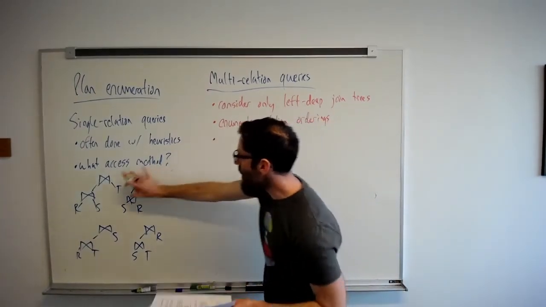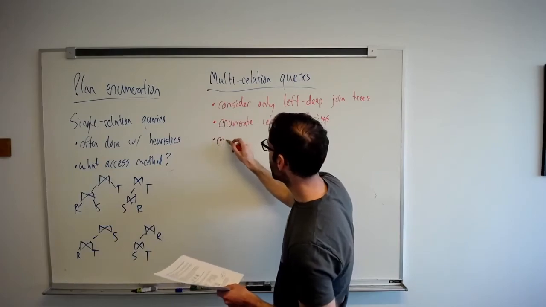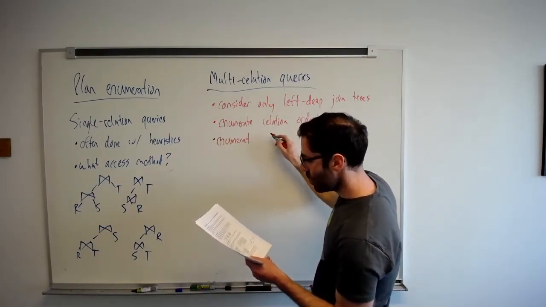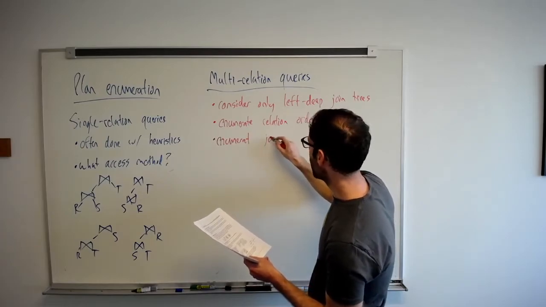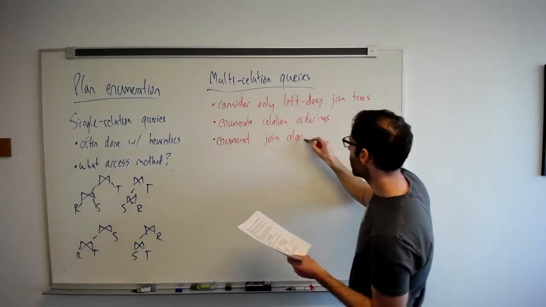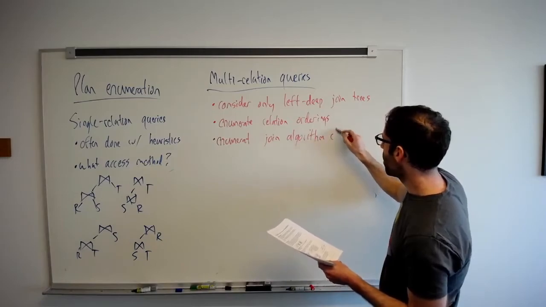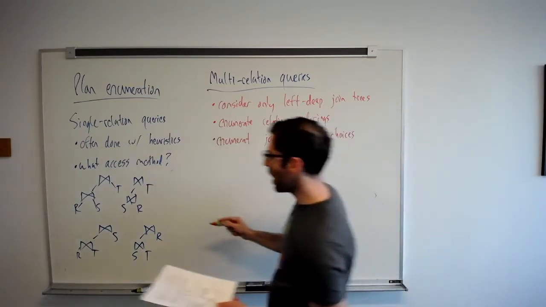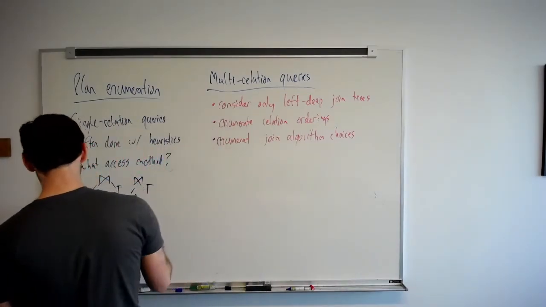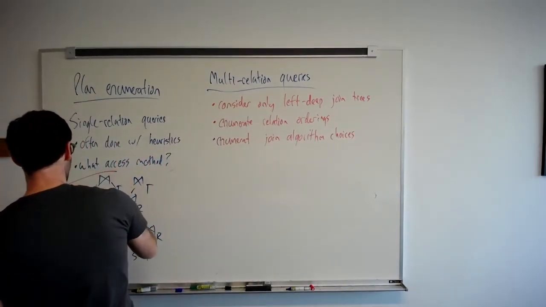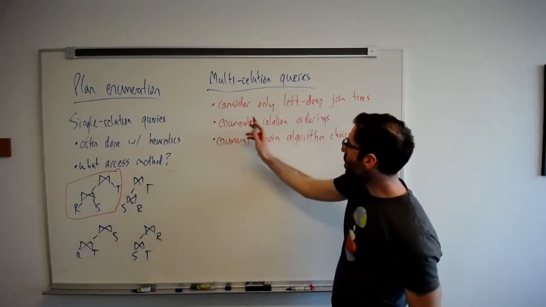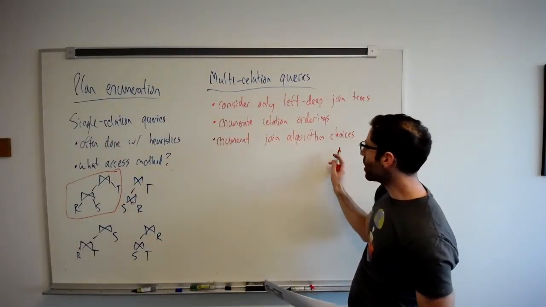We then, for each one of these, are going to enumerate the choices for our join algorithm. So let's say that for each of these different relation orderings, we're then doing the algorithm choices.